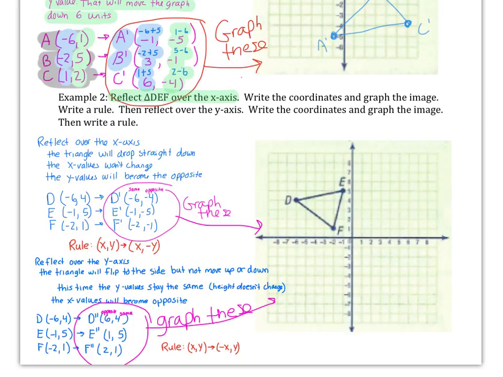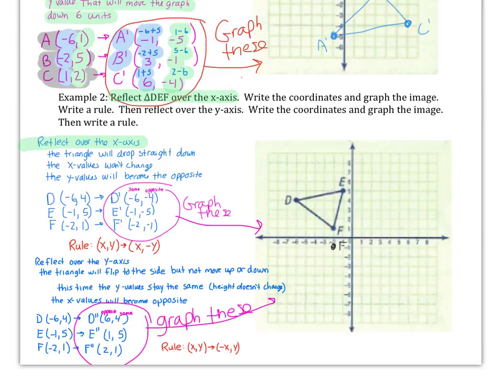Okay, so again, there's a lot of writing here, but let's just focus on one thing at a time. So up here we have reflect over the x-axis. Okay, so let's take DEF and let's reflect it over the x-axis. So over the x-axis is going to put F prime right there.